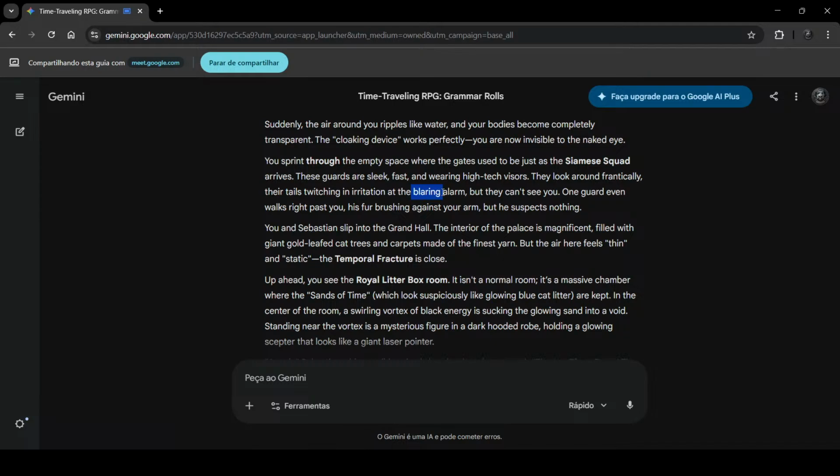Sleek, like cats, they're smooth, elegant, glossy. They look around frantically, like they're looking all around in different places. And blaring means very high sounds, very loud sounds, irritating sounds.